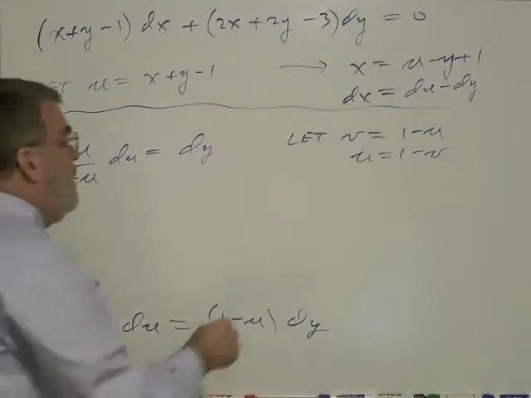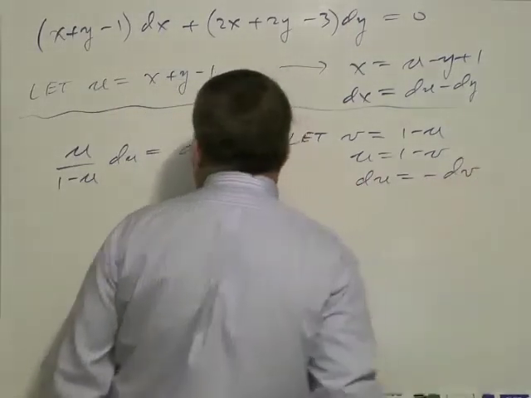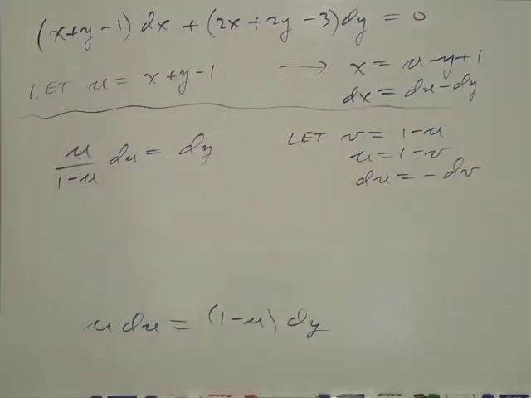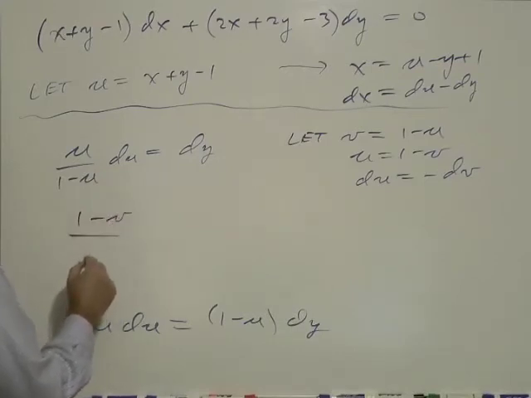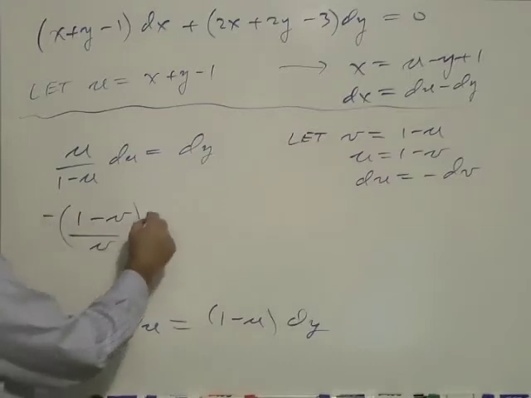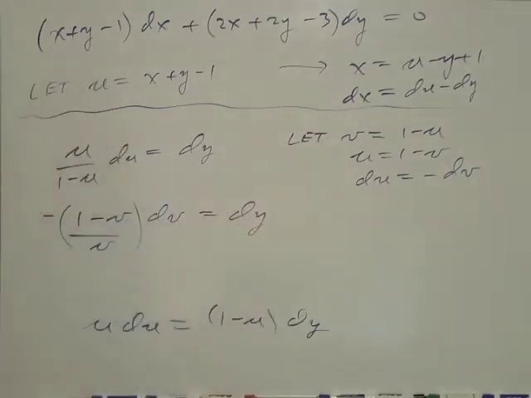And du will be -dv. When I substitute here, I end up with on top 1 - v over v times -dv equals dy. The right side was left unscathed.